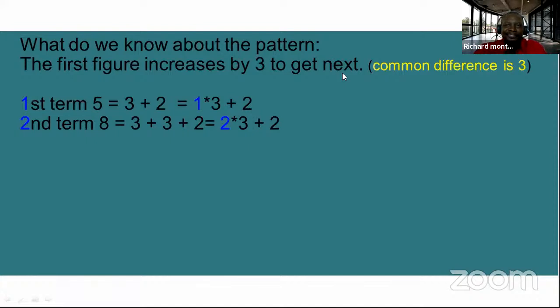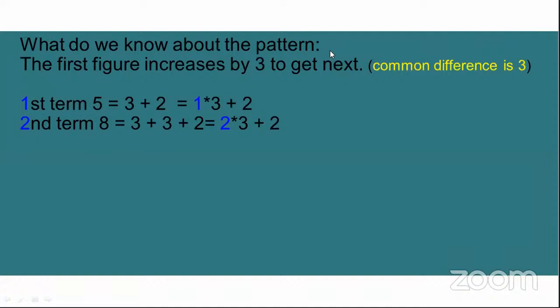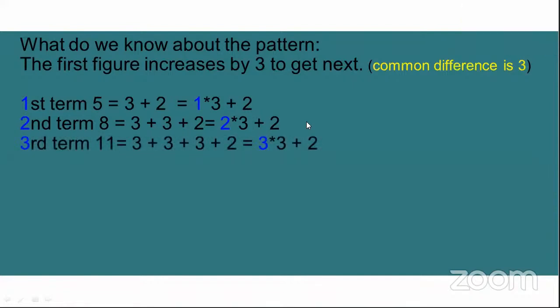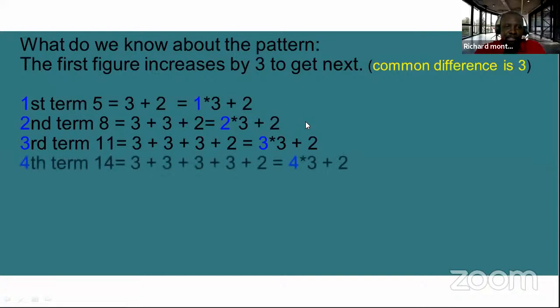Mr. Hilton, are we seeing what we want? I am seeing Jarrett, Brooke, White saying 3 times 3 plus 2. All right, so we're seeing what we want. Wonderful, wonderful. All right, so the third term would be, yes, 3 times 3 plus 2. Likewise, the fourth term would be 4 times 3 plus 2.